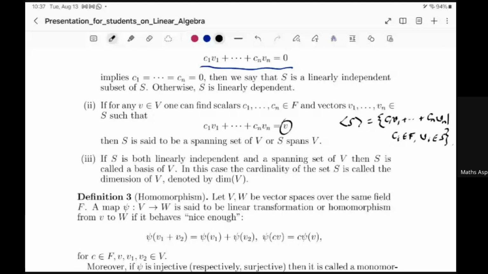And if this set happens to be equal to your vector space V, then we say that S spans V. So all the vectors can be represented in one of these ways.